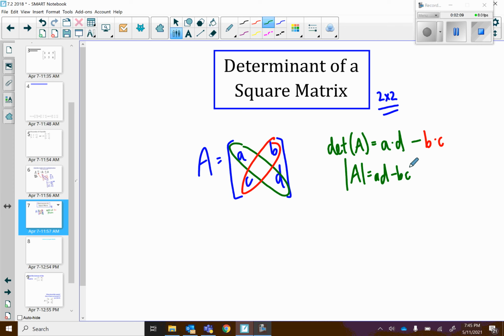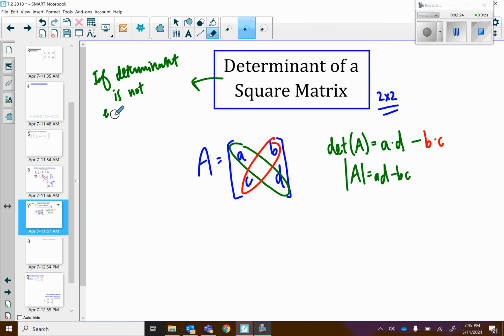And this is helpful because if the determinant is not equal to 0, A inverse exists.